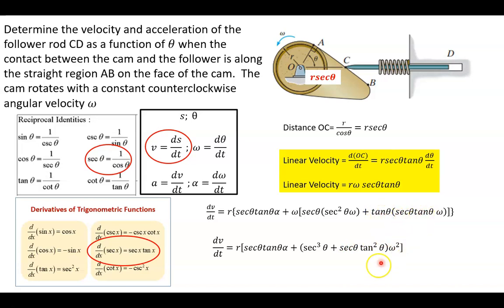We combine these two tangent of thetas. And then we've got omega squared. Now, another piece of information: it is a constant angular velocity, so the angular acceleration is 0.